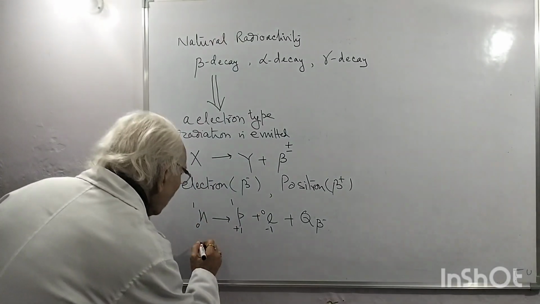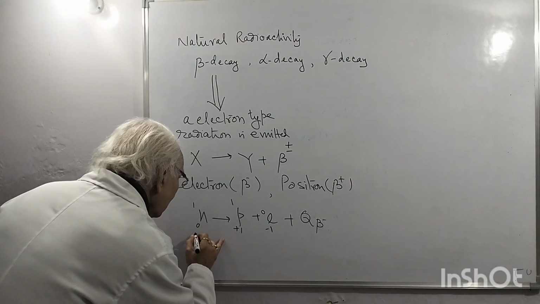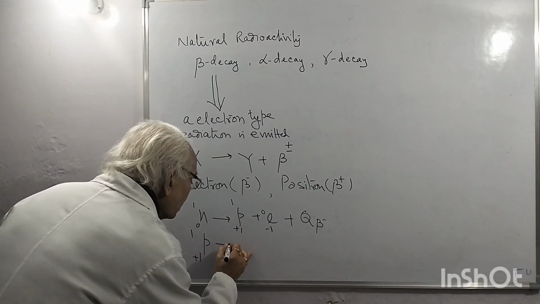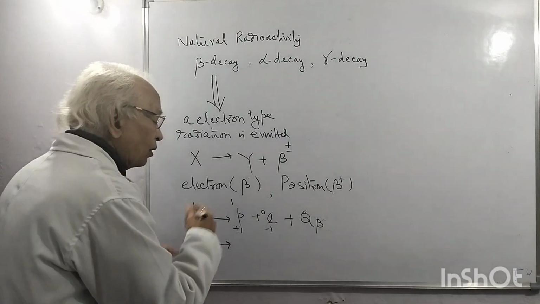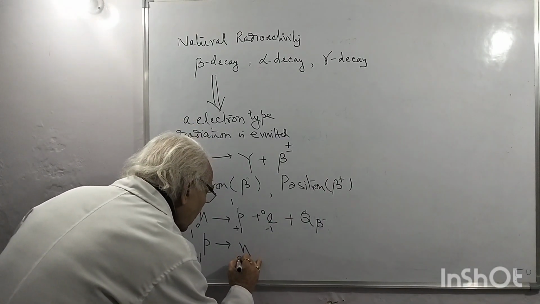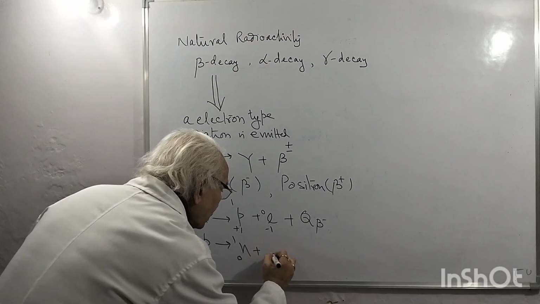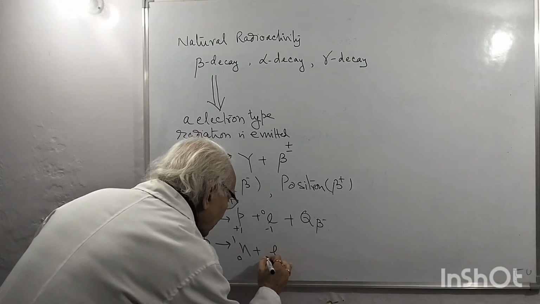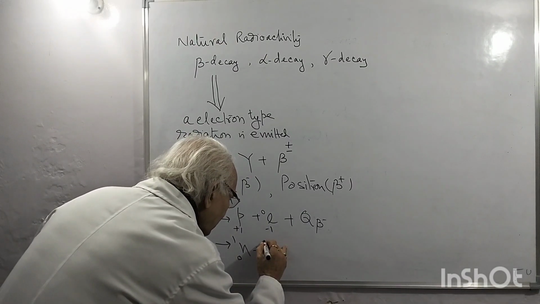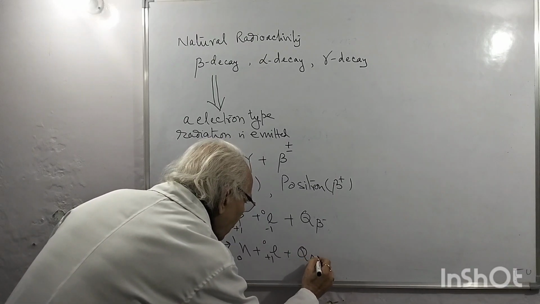Similarly, a proton of an element, mass 1 unit, charge 1 unit, comes out from the system and converts into a neutron of 0 charge, 1 mass unit, plus the beta particle with positive charge, so that charge balances and mass is nearly the same, and this is the Q beta positive.